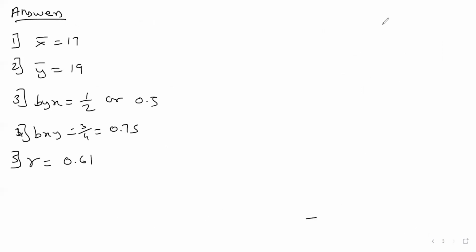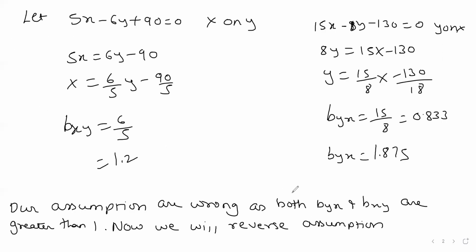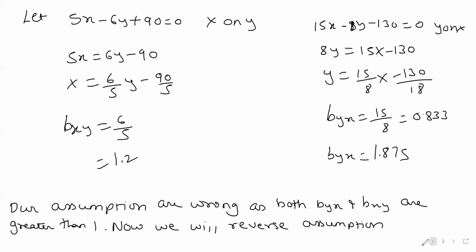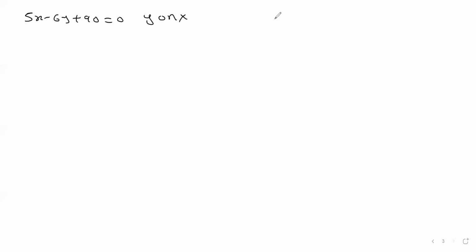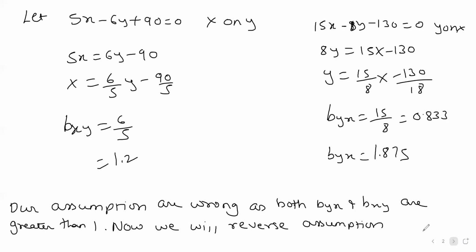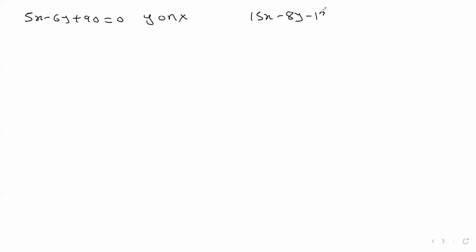So the reverse assumption will be: 5x - 6y + 90 = 0 is y on x, and 15x - 8y - 130 = 0 is x on y.